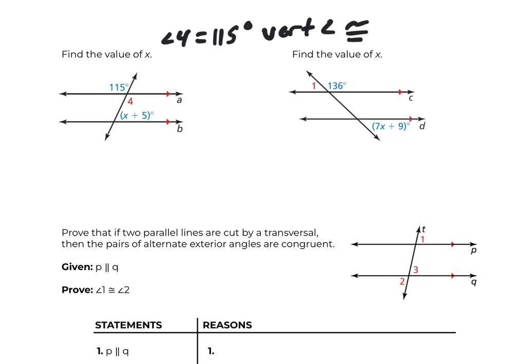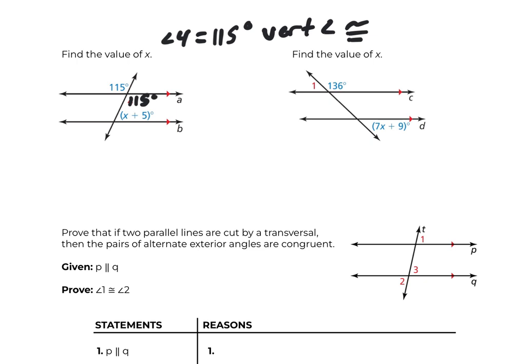Okay, so if I tell you that this is 115, then what is true about these two angles? What'd you say? Okay, yeah, this angle has to be 65, right?